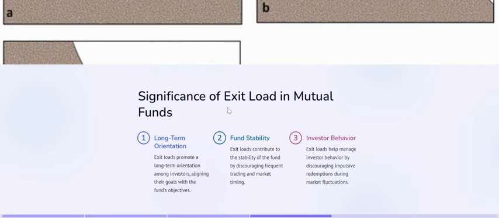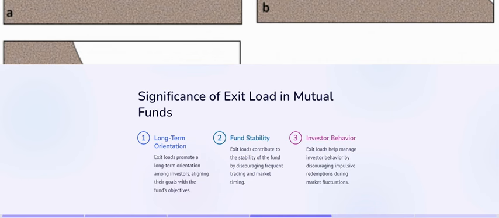So now the significance of exit load in mutual funds. Long-term orientation. Exit load encourages an investor to invest in the mutual fund and keep their funds there over a longer period of time. This helps the fund manager to effectively manage the fund and ensure a greater rate of returns, and the stability will be good if the exit load is more.